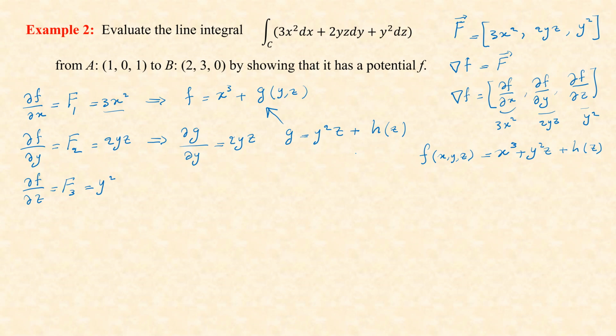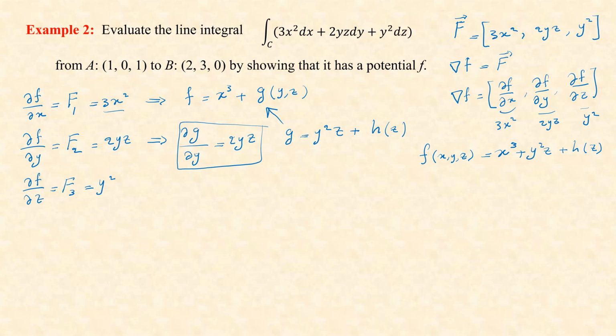Make sense? The first part made sense to me. I'm still confused on why we can call the yz g and then why it's not a function of z or x, since we're taking the integral with respect to y. We solve this for g, right? This is the derivative. Derivative of g is 2yz.